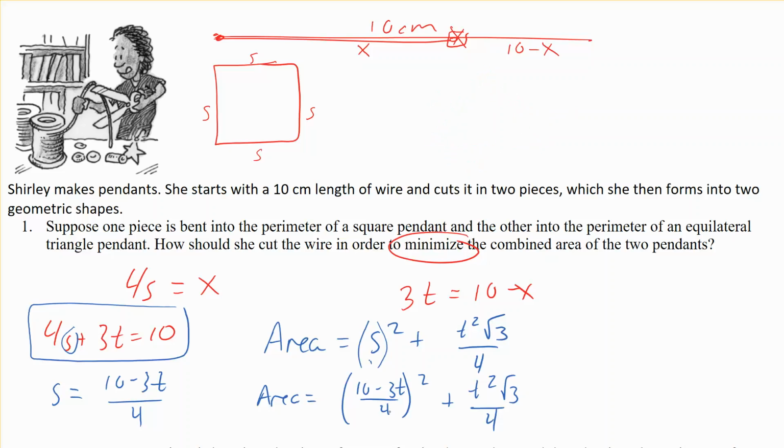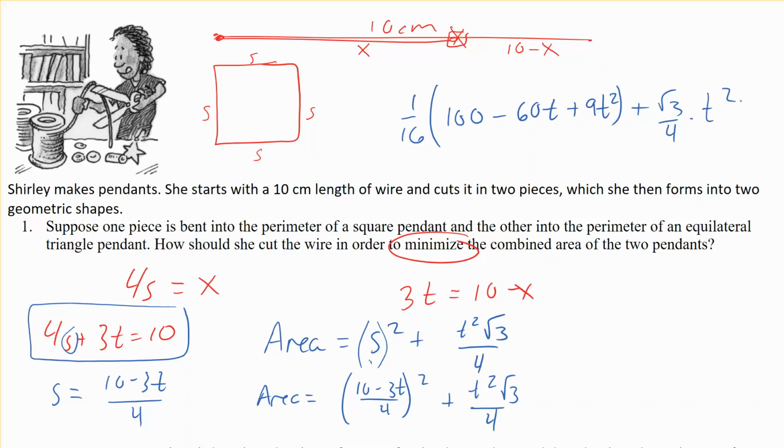I'm going to square that 4 on the bottom and call it a 16th and put that in front. And then inside I've got 100 minus 60t plus 9t squared, plus that root 3 over 4 is really just a coefficient of the t squared. So that is my area.